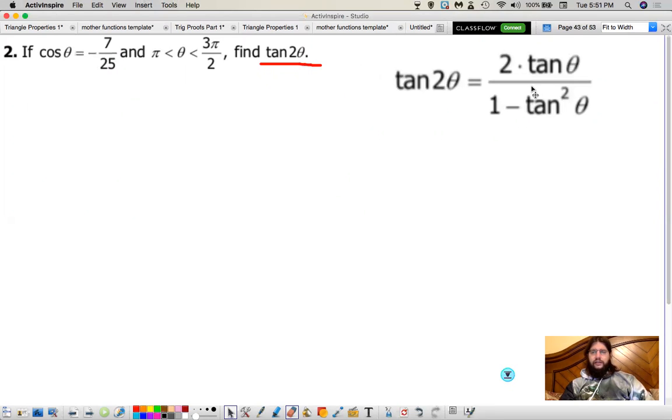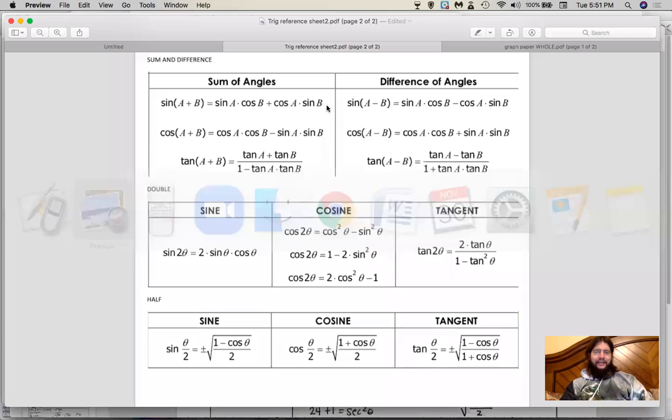All right, so here's my identity I'm going to use in a moment. Let's see what quadrant we're in. We're from pi to 3 pi over 2. So if you remember, 0, pi over 2, pi, 3 pi over 2, this is quadrant number 3. And you can, of course, look at your unit circle to see that.